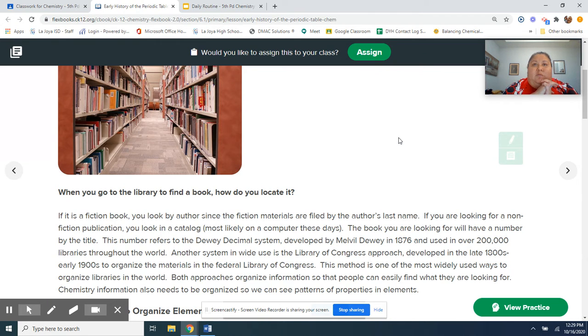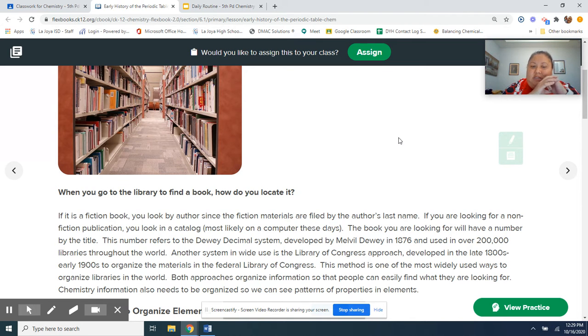And the Dewey Decimal System, if you've never used it, and I know you guys probably take advantage of the fact that the catalog, the list of books that are in there, is now on computer. I know when Miss Garza and I were in school, we had to go through a bunch of cards to find our books, and it was a long process, and there were a lot of cards that you had to look through. But you guys are lucky.